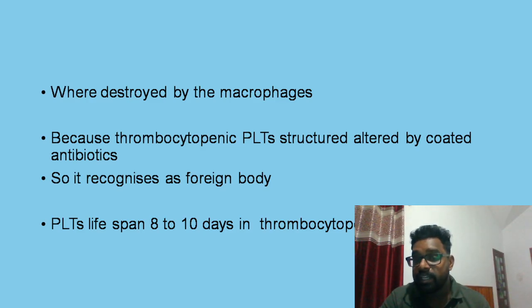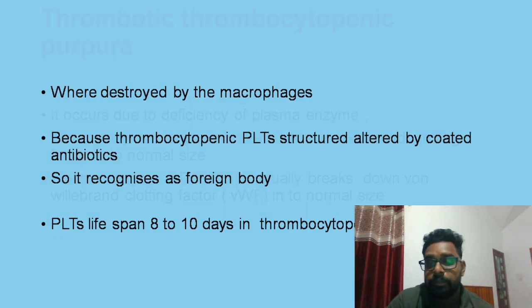Finally the platelet life decreases to 1 to 3 days. Normally the platelet life is 8 to 10 days, but in the case of immune thrombocytopenic purpura the platelet life cycle decreases to 1 to 3 days.